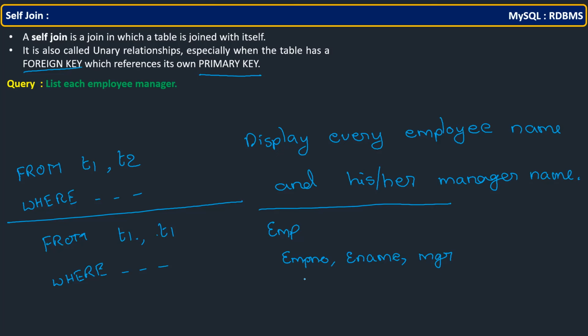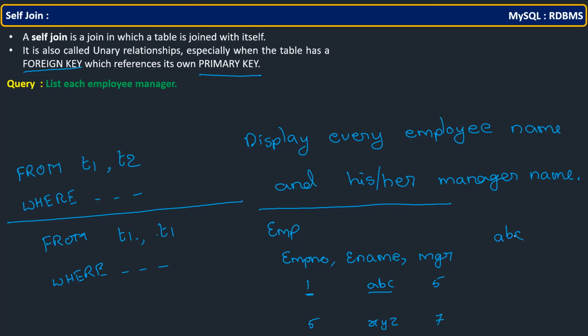For employee number 1, who is the manager? For example, I gave 5, and his name is ABC. So employee 1's manager is 5. Who is 5? 5 is someone else, XYZ, and his manager may be some other person. Now what we are asking: employee number 1, employee name is ABC.